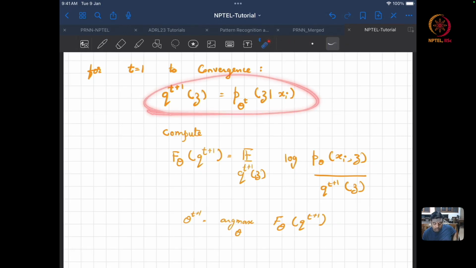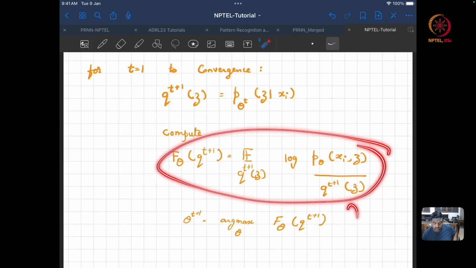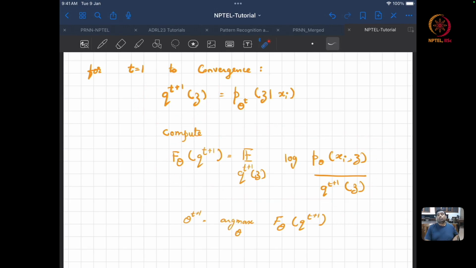You compute this, obtain this, you get theta t plus 1, use that theta t plus 1 here, get theta t plus 2, obtain this, compute this. Now you go on iterating over these steps, okay, till convergence.